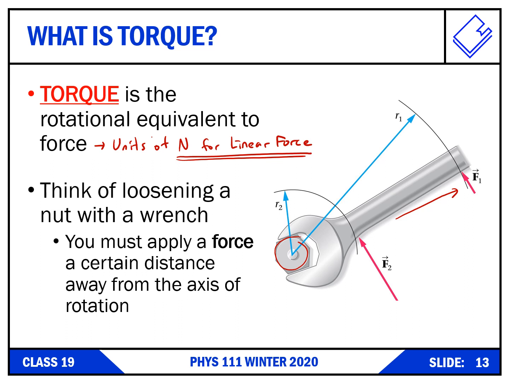So that is torque at play. You have to apply a force a certain distance away from the axis of rotation. The farther you get from the axis of rotation, the larger this distance vector is, which means the less force you have to apply in order to equate to the same amount of total torque.